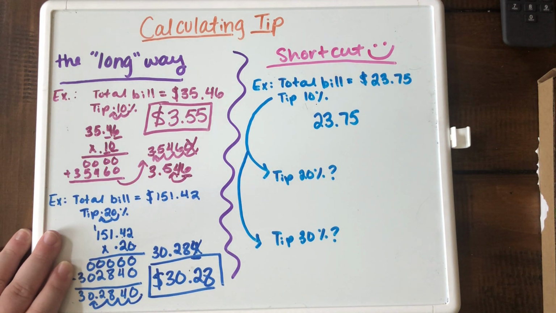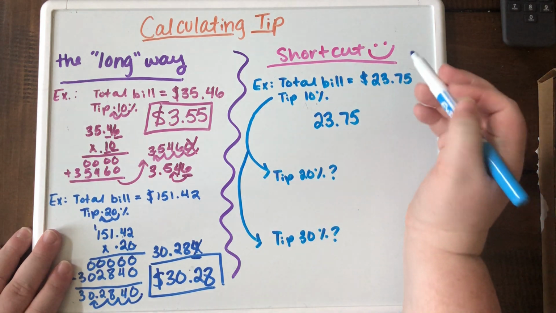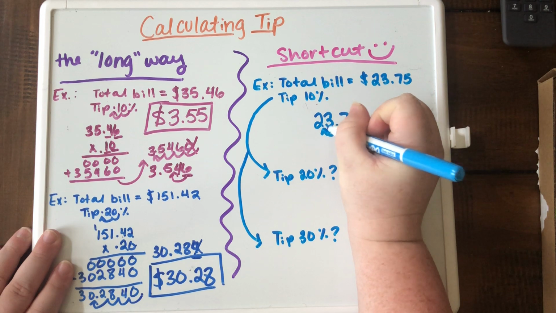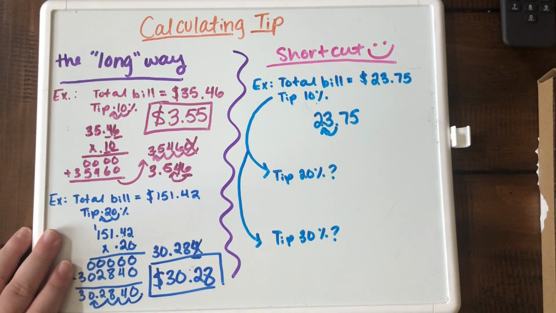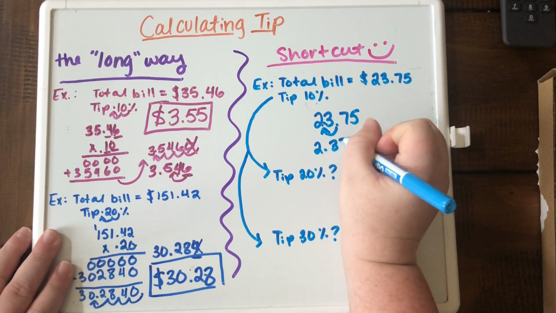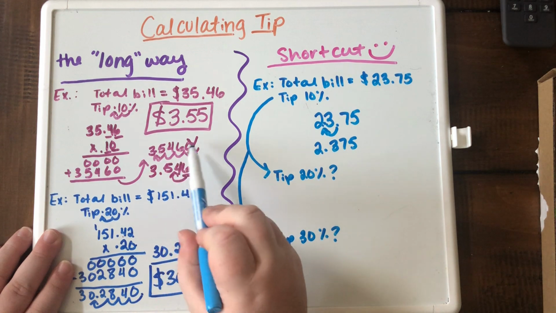If I want to tip 10%, all you have to do is move your decimal over 1 place. And then you get 2.375. And then we're back to the situation like we were over here.